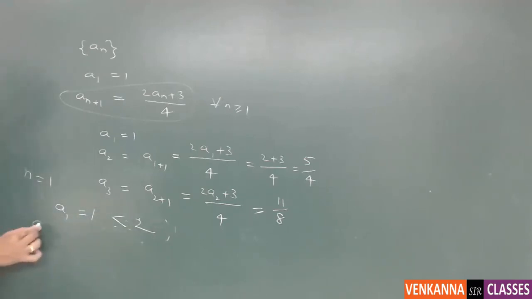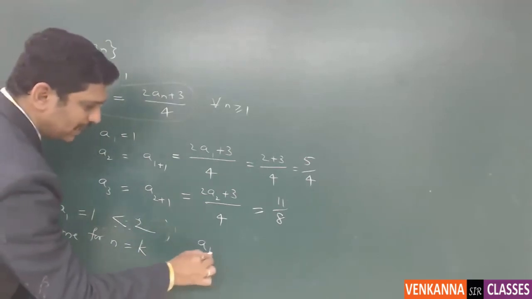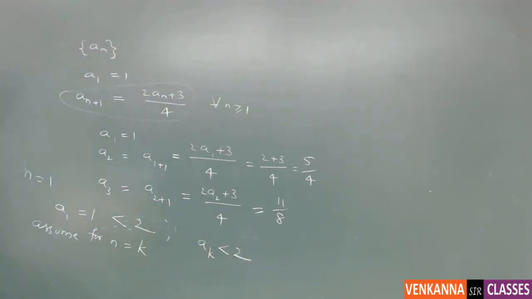Assume for n is equal to k. So what is that? The induction hypothesis is nothing but ak is less than 2. Now I have to prove ak plus 1. So I have to show that ak plus 1 is less than 2. How am I going to show this? Again using the same recursive formula.